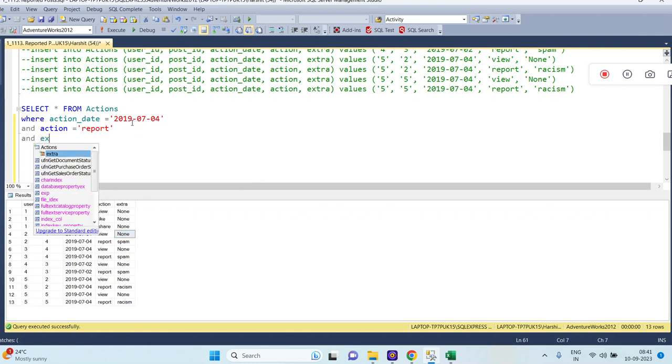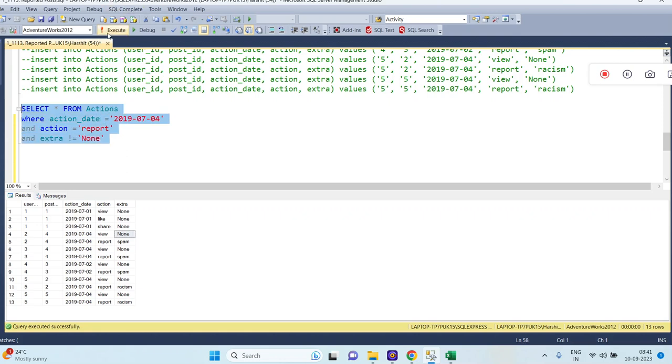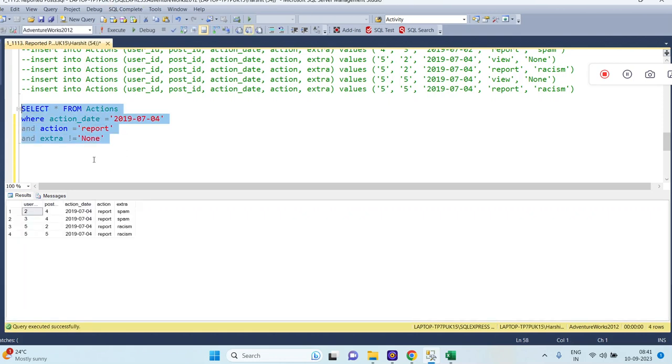So let me do that. Extra not equal to none. So let me select the data. If you see here, on the 4th of July there are two posts reported by two different users, right?